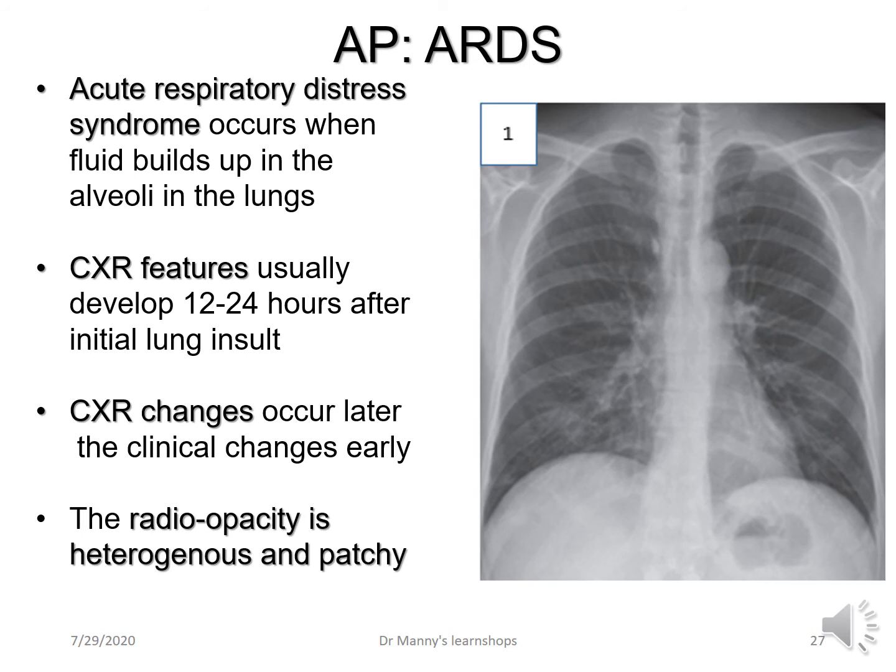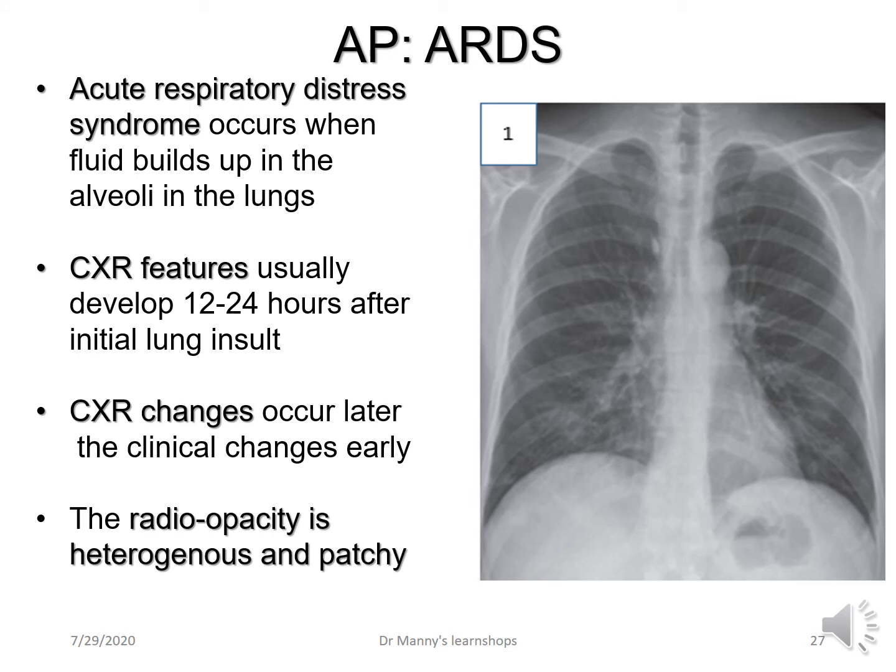And it's interesting that the chest X-ray changes occur later than the clinical changes, which basically means the patient is sick on physical assessment, but the chest X-ray looks healthy. However, the radiopacity will become heterogeneous and patchy.